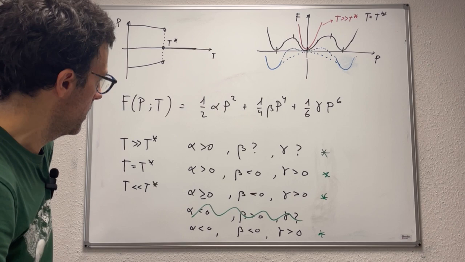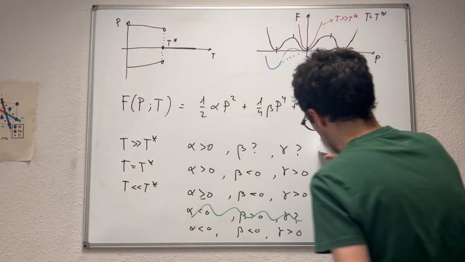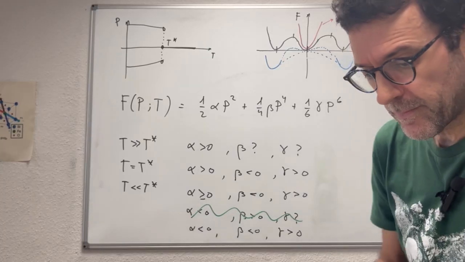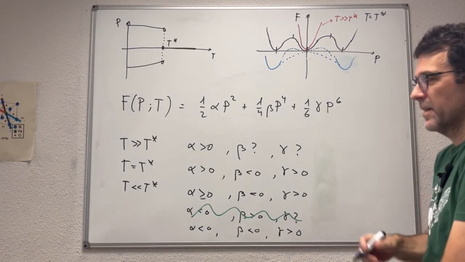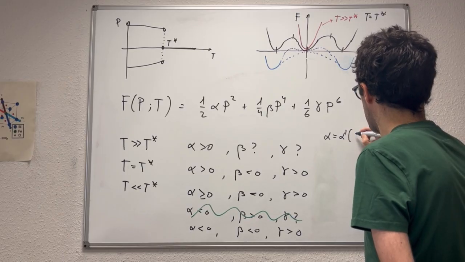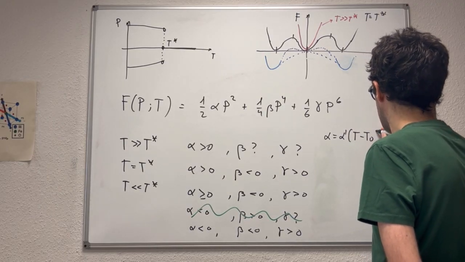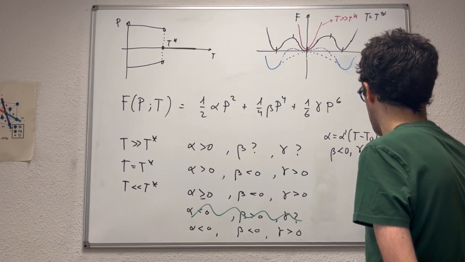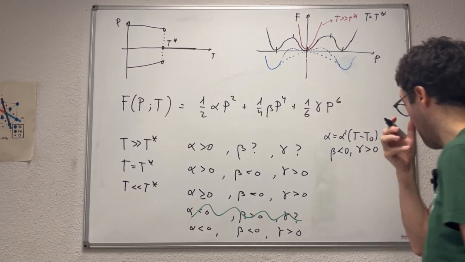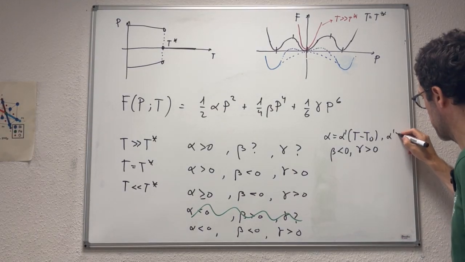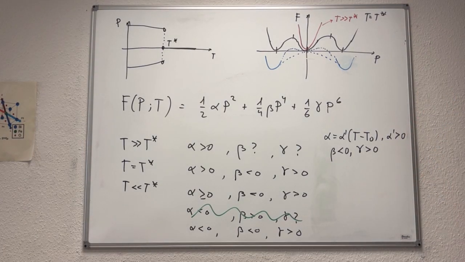So with that in mind, we can propose something like this. I propose to consider the following choice: alpha equals alpha prime times (T minus T0), beta is negative and temperature independent, and gamma is positive. And alpha prime, by the way, is positive.